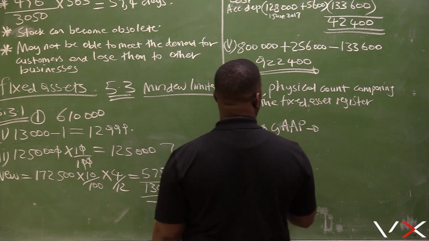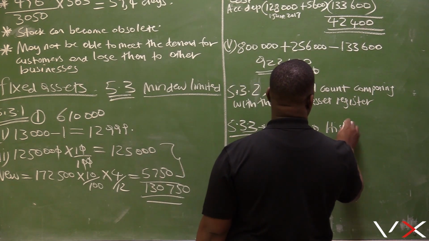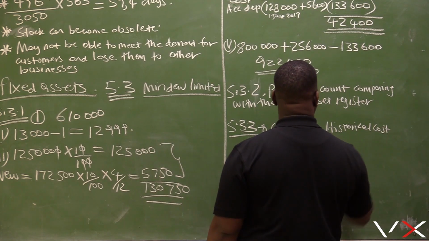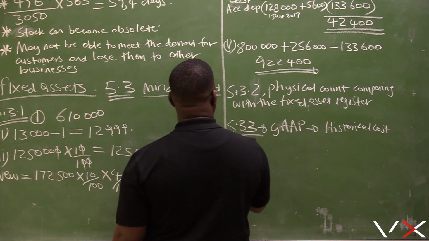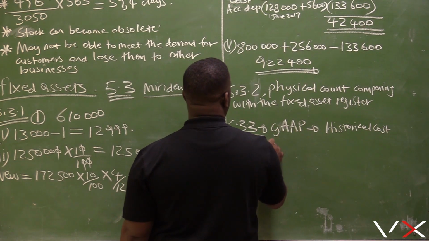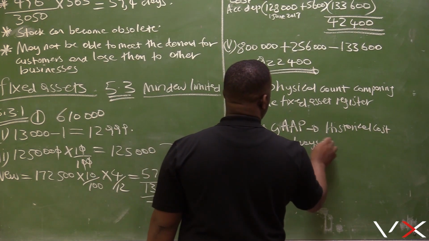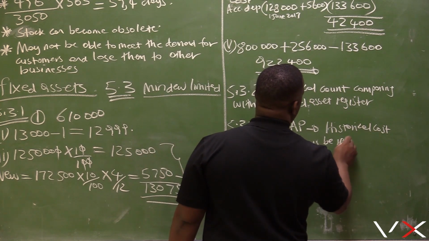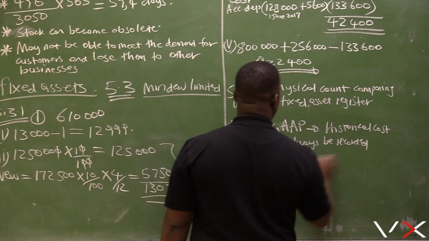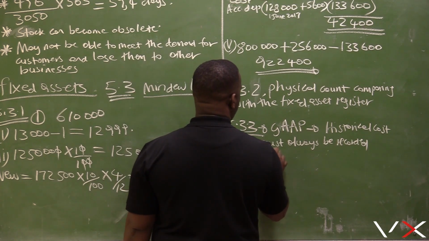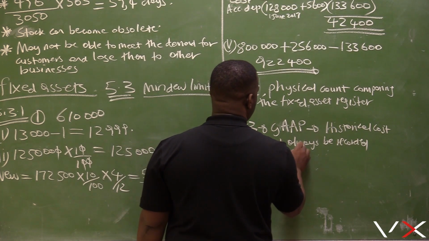In GAAP, we have the historical cost principle. Assets must always be recorded at their original cost price.